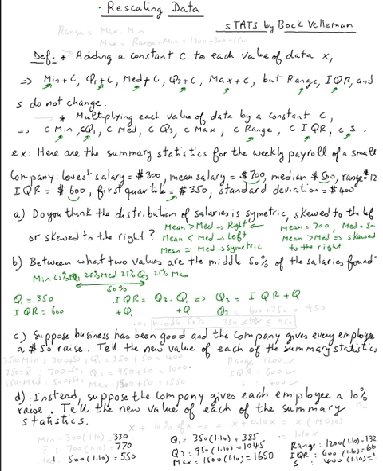So Q3 will be equal to IQR, we said 600, plus 350. So Q3 is 950.